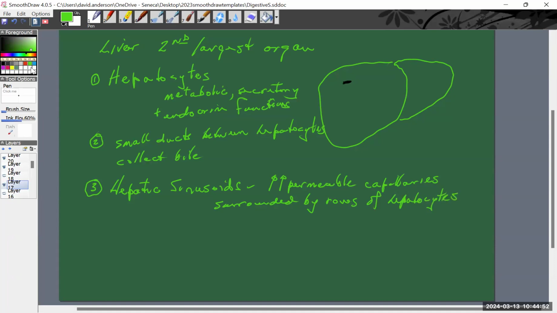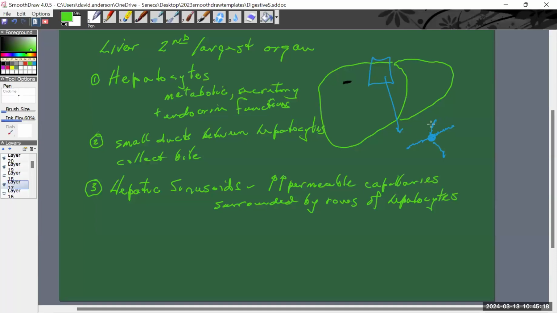So what we see here is, if we take a segment out of the liver, we would see this central vein, and it's a vein, that's important. And coming off the vein are these sinusoidal capillaries.